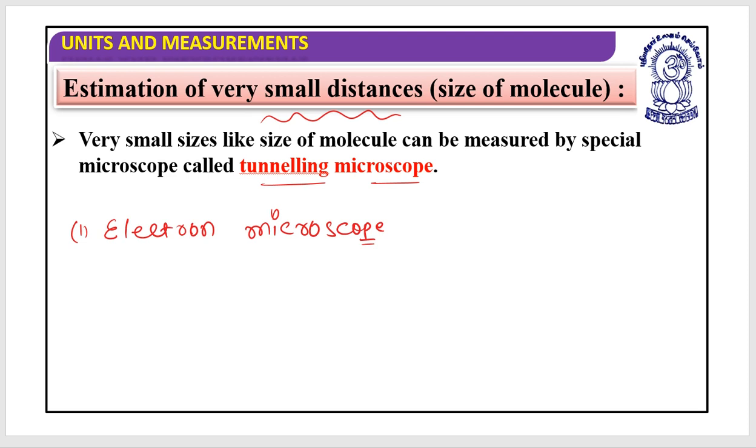Now this is the segment where you need to calculate very small distances. For that you can use different categories of microscope. Every microscope has its own working and its own resolving capability. What I mean is their capability to measure smaller distances would be different. So you can use different kinds of microscopes.